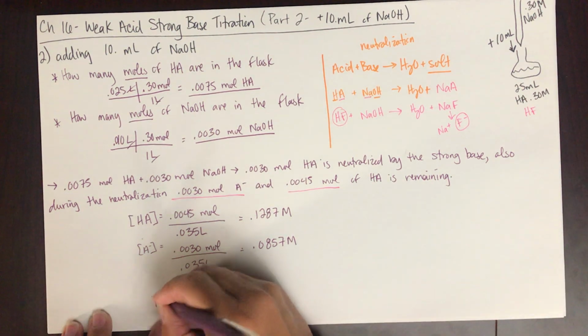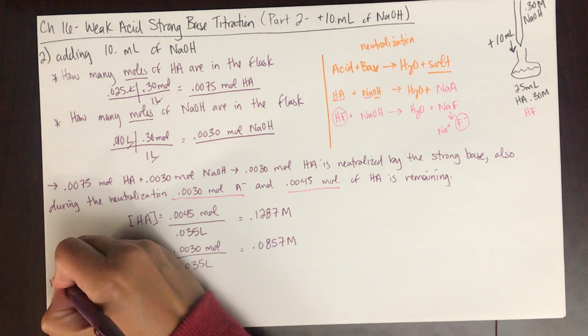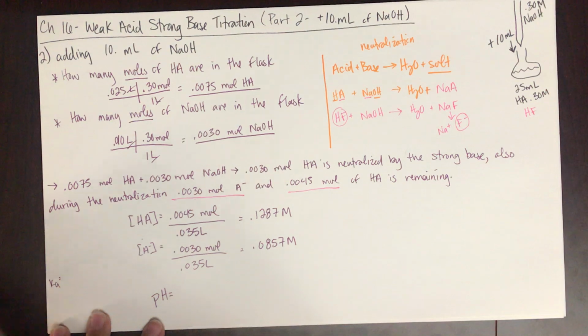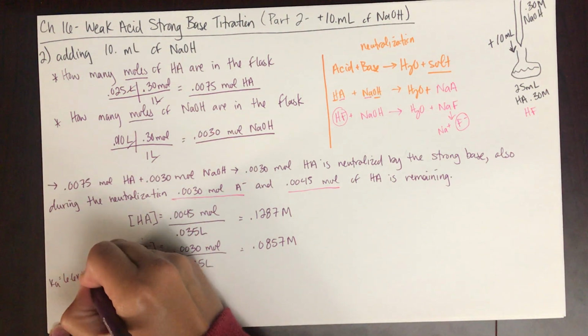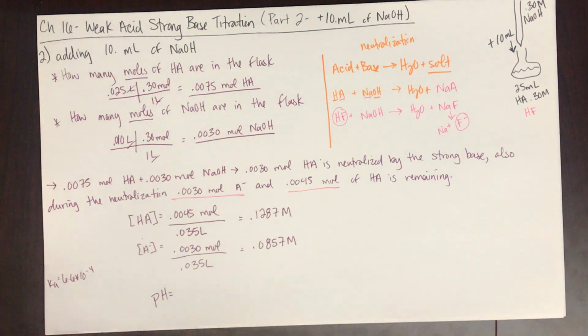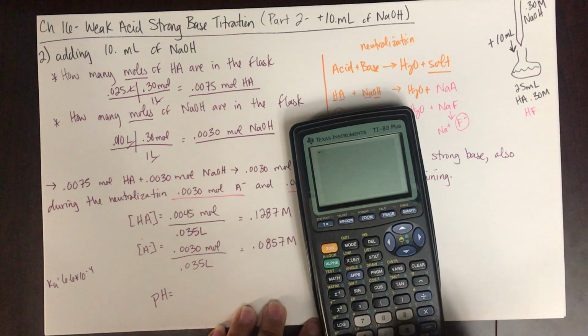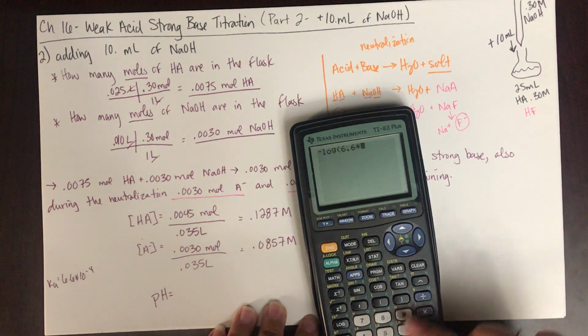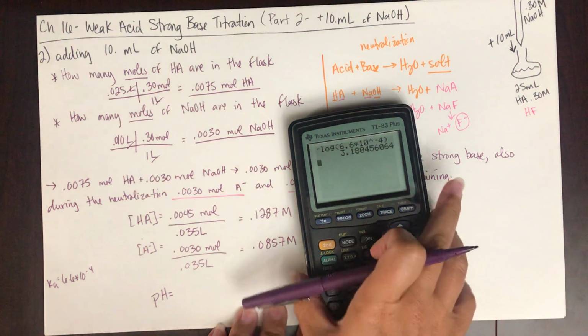So I'm going to say pH equals pKa. Remember, the Ka was given to us as 6.6 times 10 to the negative 4. So to get the pKa, I'm going to say the negative log of 6.6 times 10 to the negative 4 is 3.18.